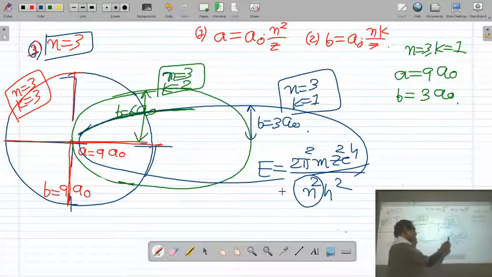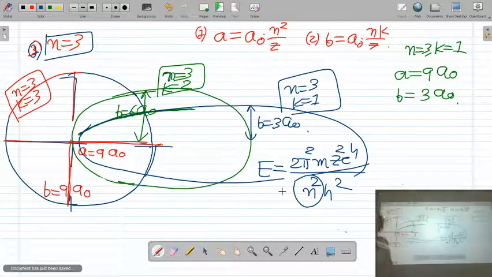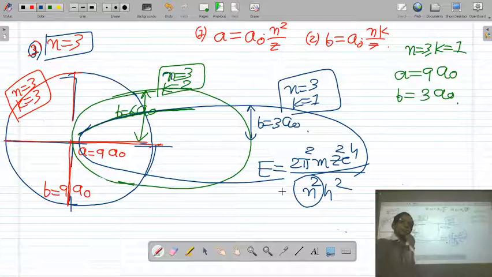So the splitting of the spectral line cannot be explained on the basis of the Sommerfeld model.